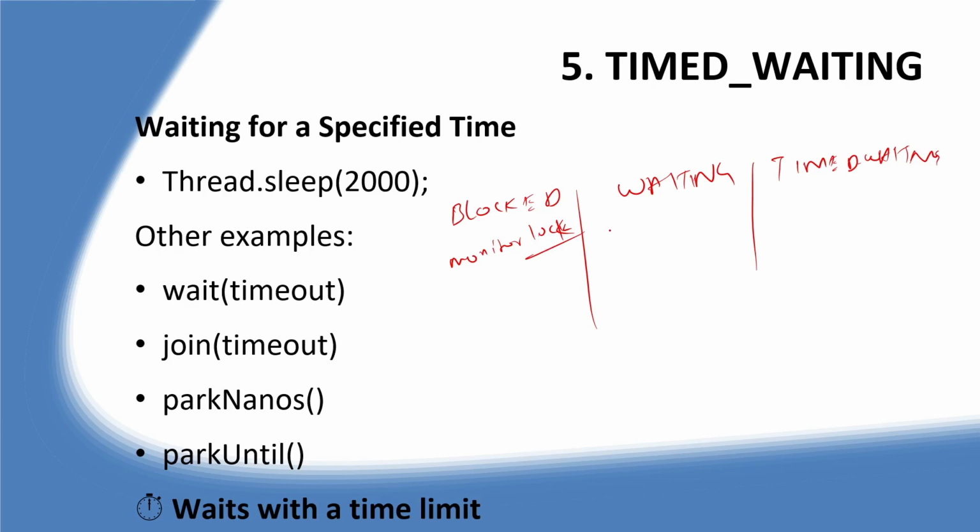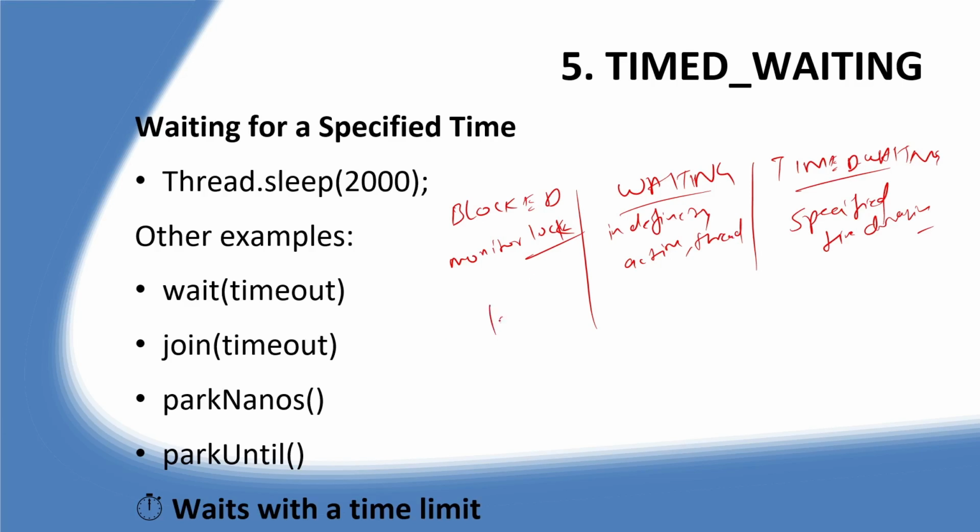And if it is waiting indefinitely for some other action or other thread action, then think it is waiting. And if it is waiting with a specified time duration, then think it is timed waiting.